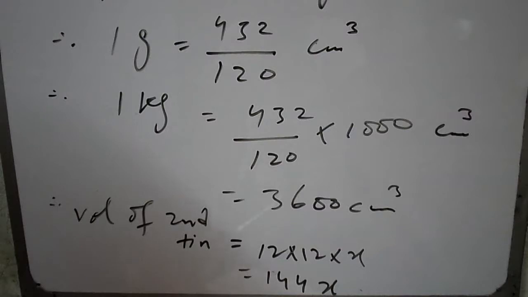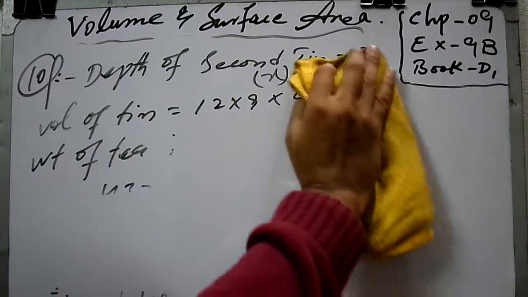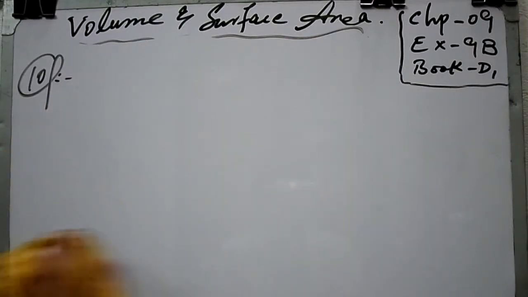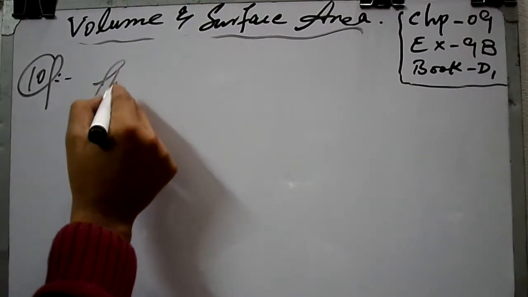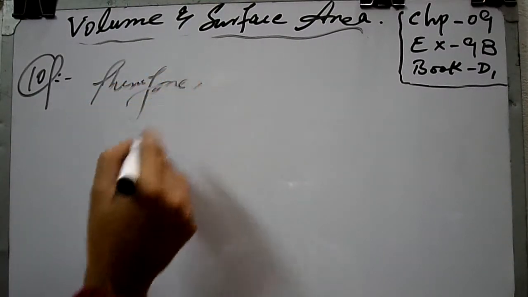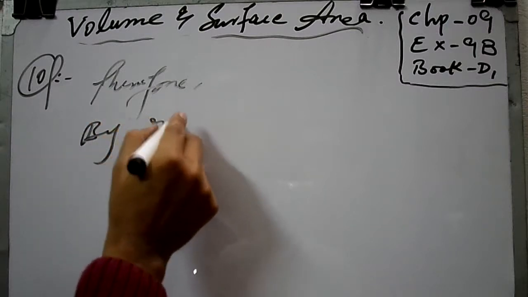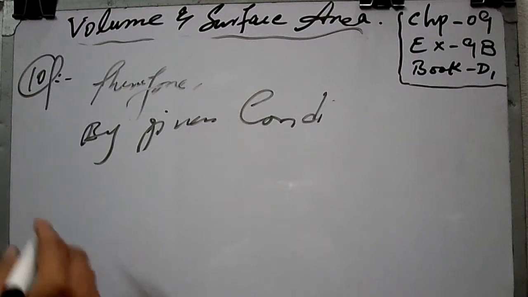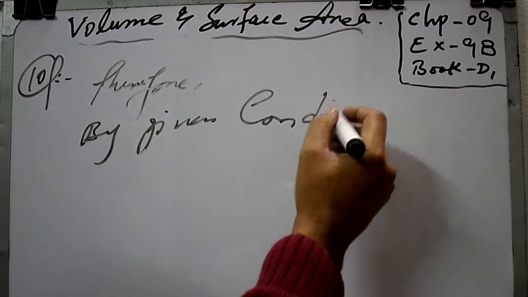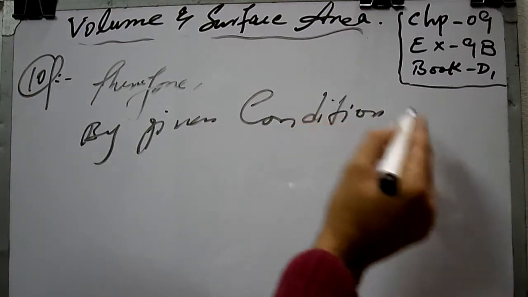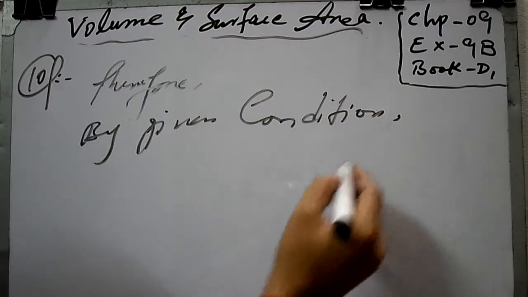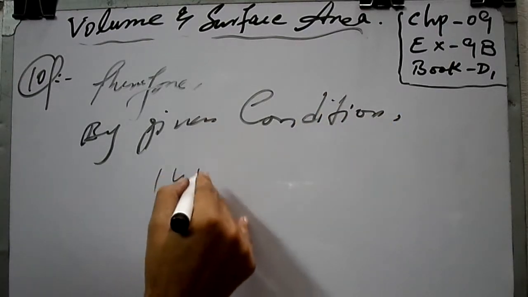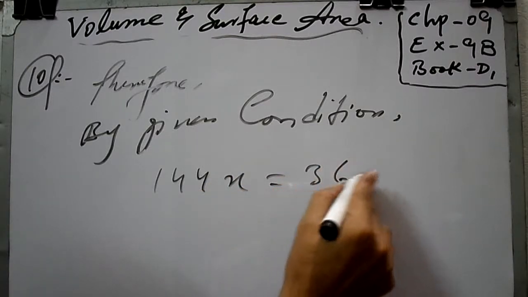By the given condition we have to compare it with the new one, that is 144x is equal to 3600.